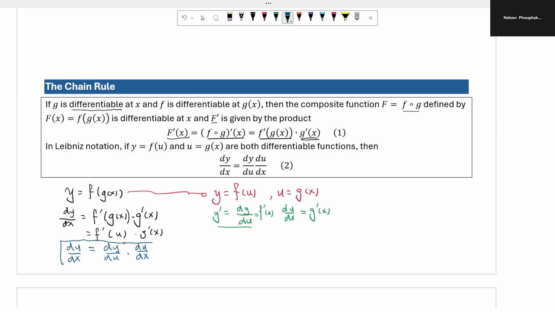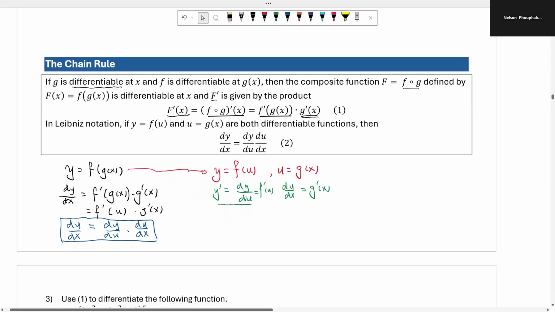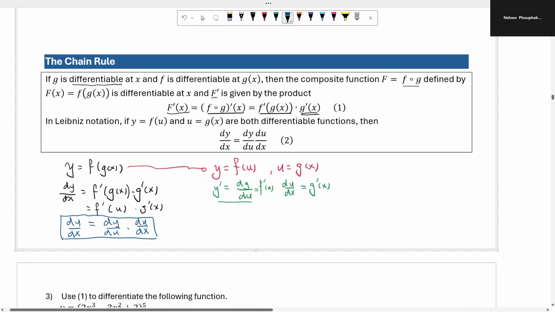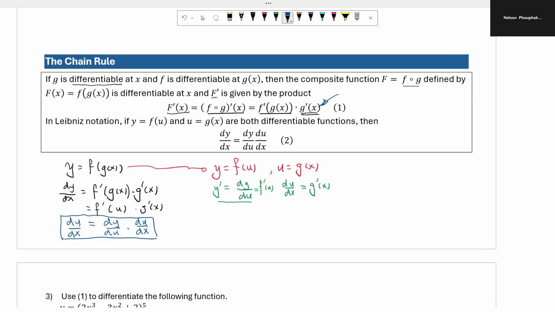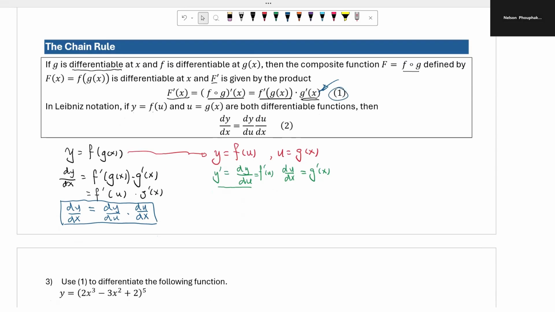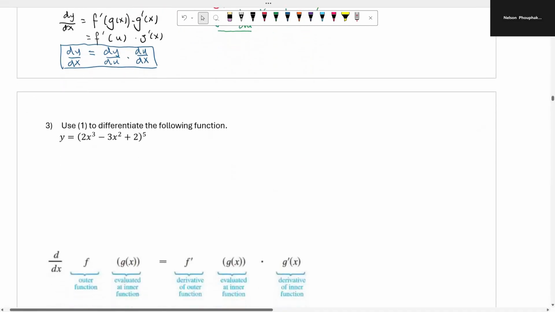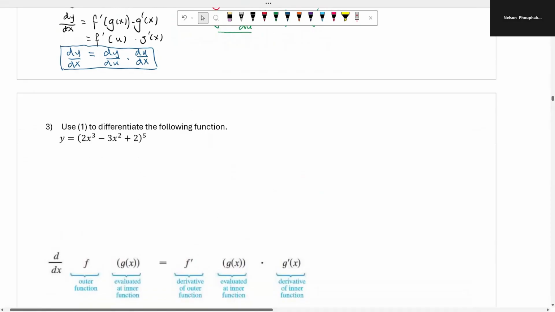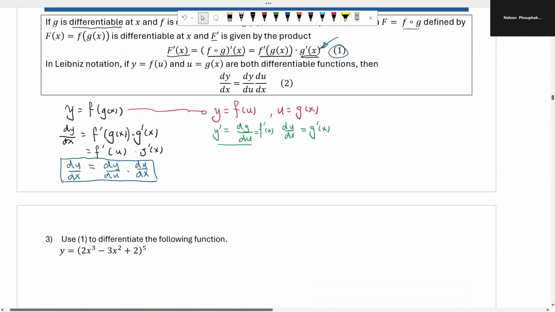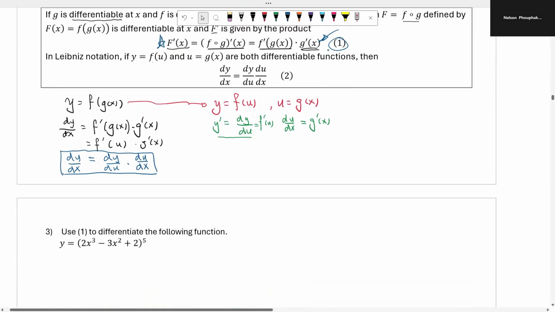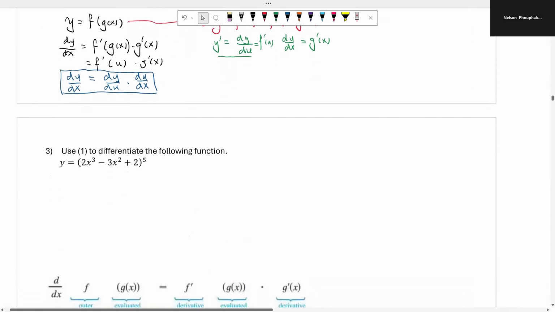So this is actually how we get the Leibniz notation for the chain rule. But in this section, mainly we will use the first form to help us finish the problem. Let's see how we actually use this one to help us find the derivative of y.